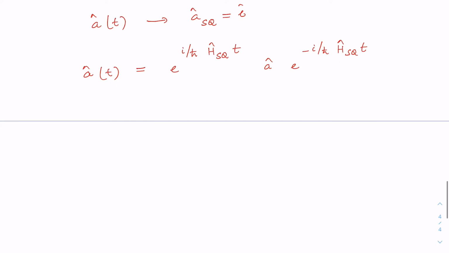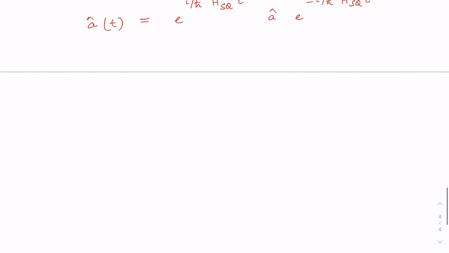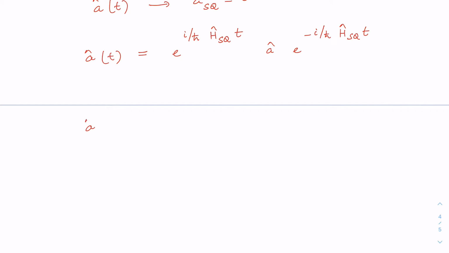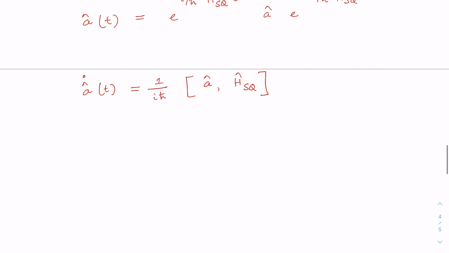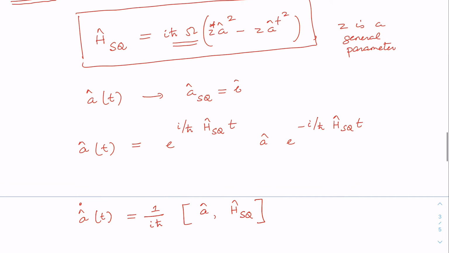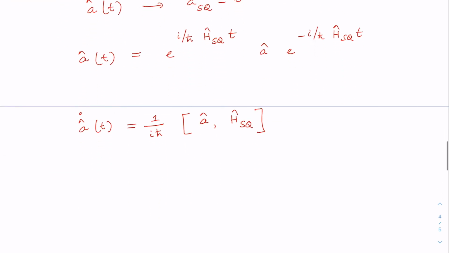Now to work out the time evolution, let us begin by writing down the Heisenberg equation of motion. For a†(t), the Heisenberg equation of motion gives 1/(iħ) times the commutator with the Hamiltonian H_s. You can immediately work this out, let me just write it down, you please verify.